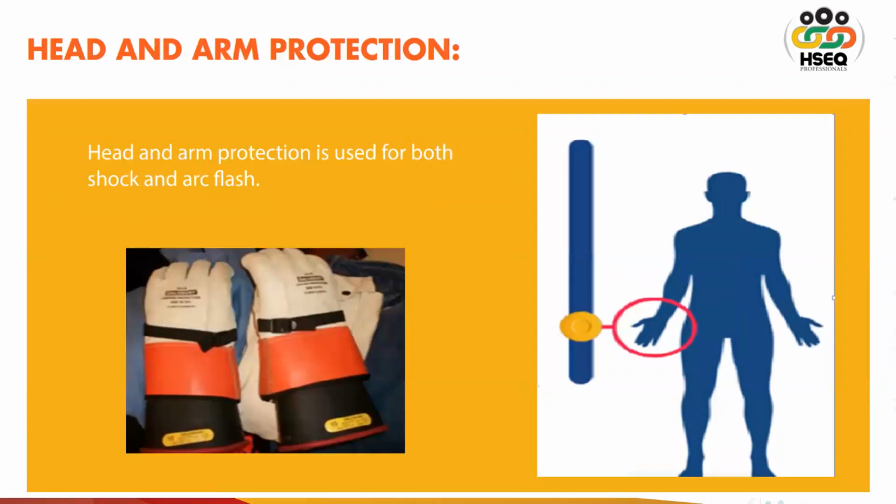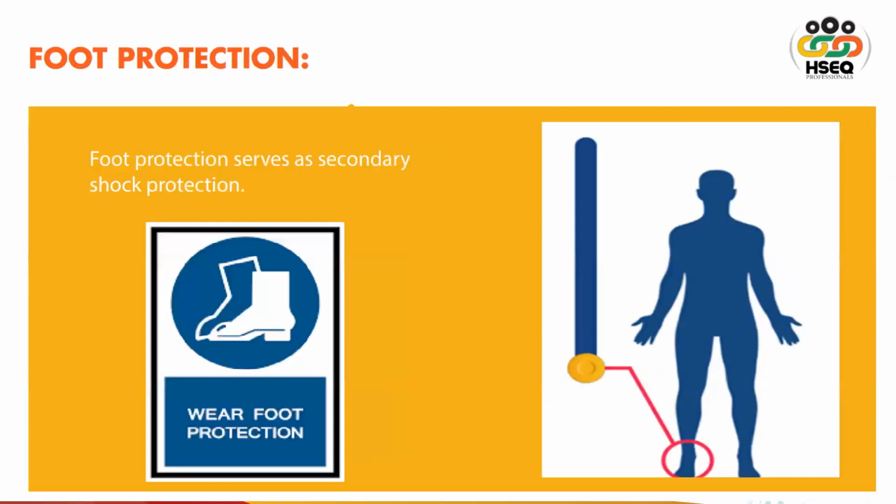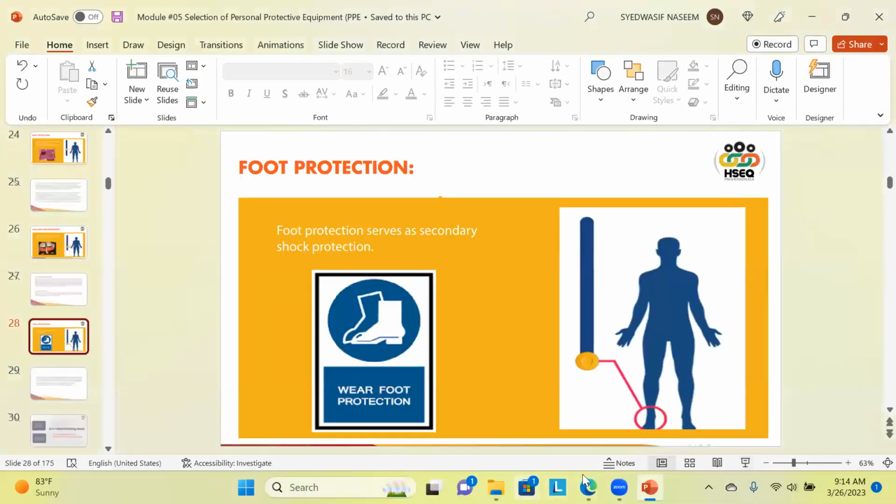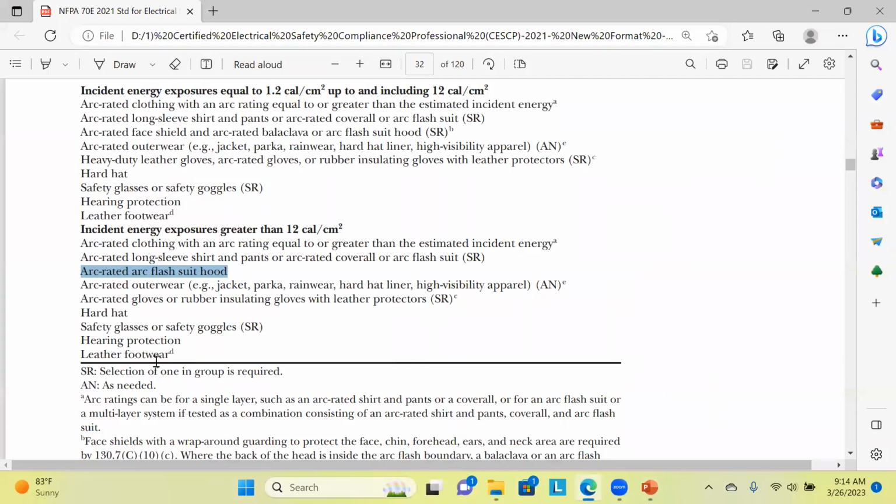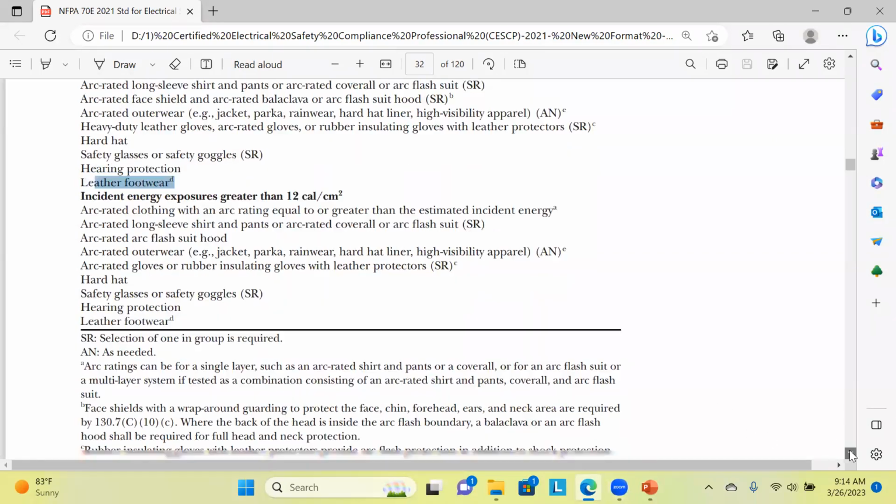Then head and arm protection is used for both shock and arc flash. Second, foot protection serves as a secondary protection. Wear foot protection, so it could be dielectric shoes as per the requirement, or leather footwear is also acceptable here.